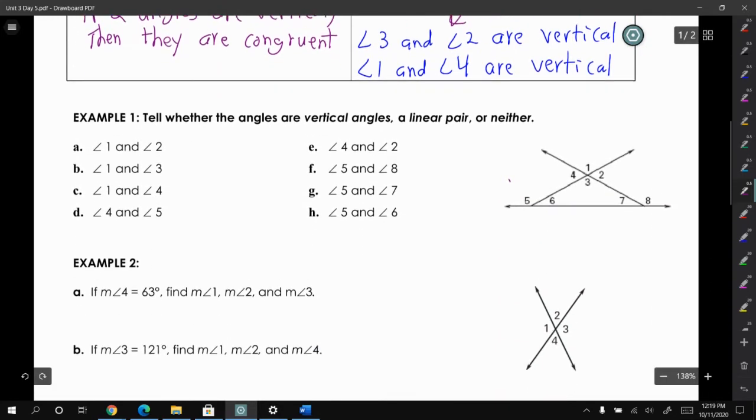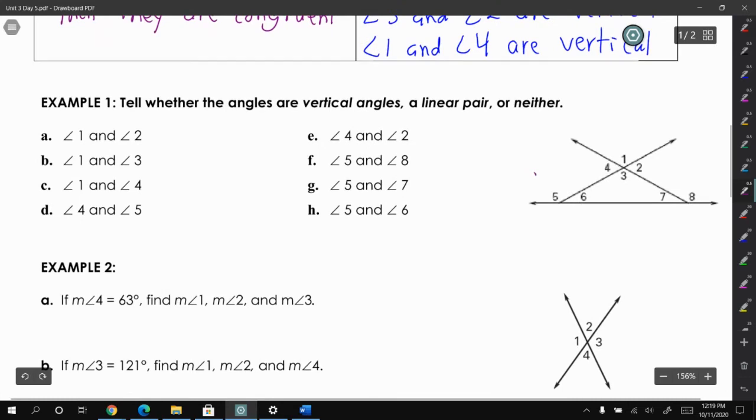So if you look at example number 1, we're going to tell whether these angles are vertical, or linear pair, or neither. So if we look at angles 1 and 2, here's angle 1, here's angle 2, they form a line, so that is a linear pair.